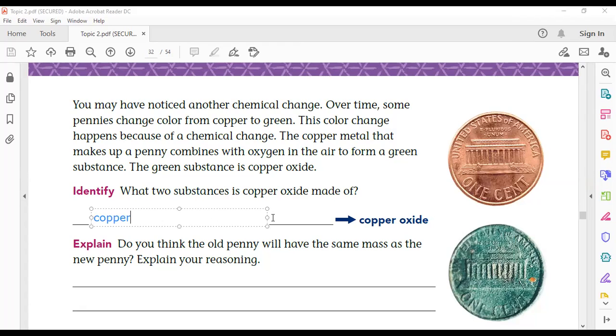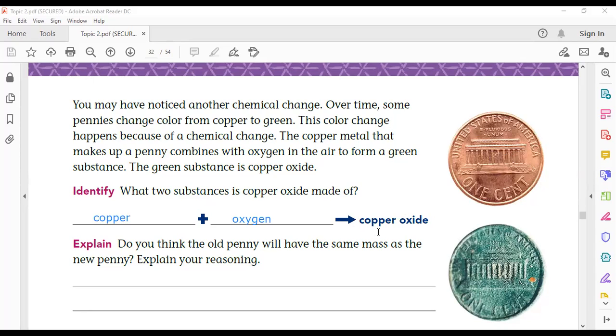Copper. And please write copper and oxygen. Thank you. So when copper and oxygen combine, the copper in this penny combined with oxygen in the air over a long period of time, a chemical change takes place and copper oxide forms.